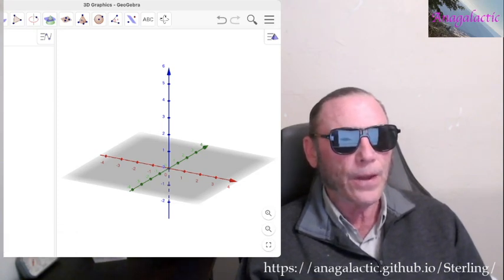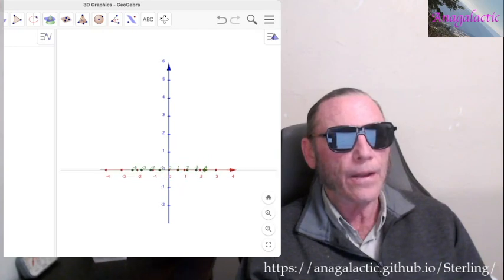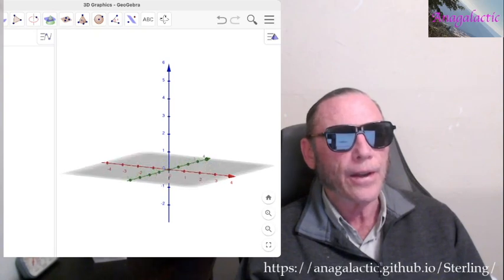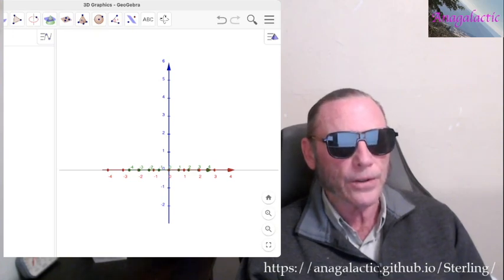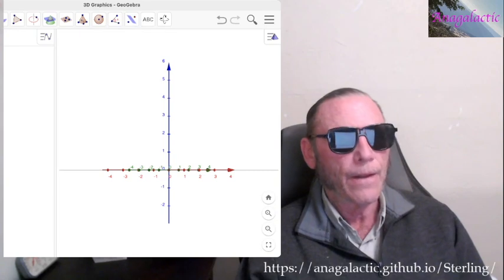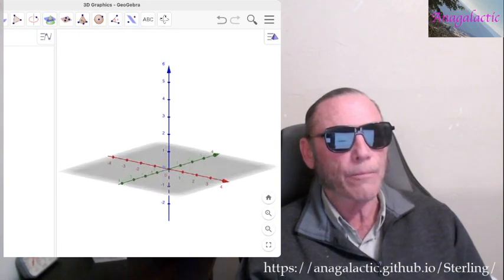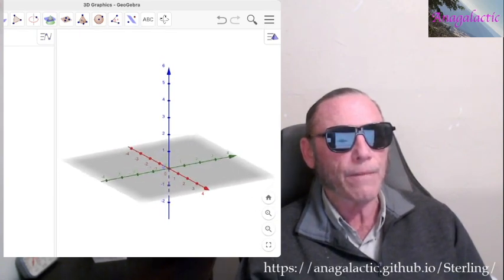Because if I rotate this way, we're back to where we were. So that's 2D, and that's 3D. But what you're looking at the entire time is 2D. You're looking at a 2D surface physically. But represented in your brain now is the third dimension.